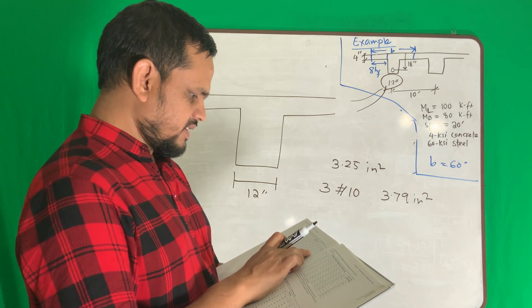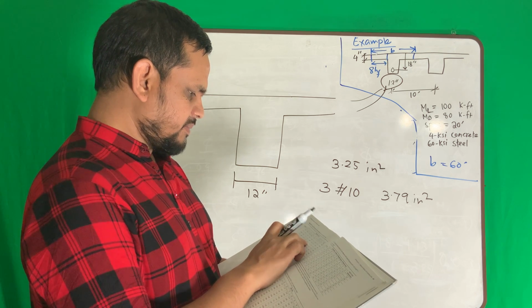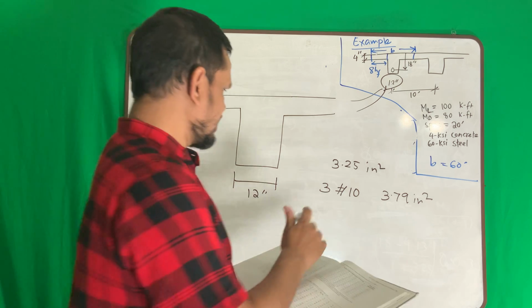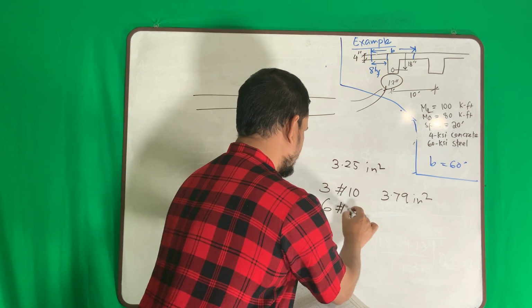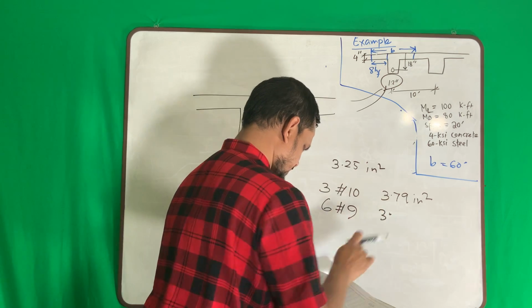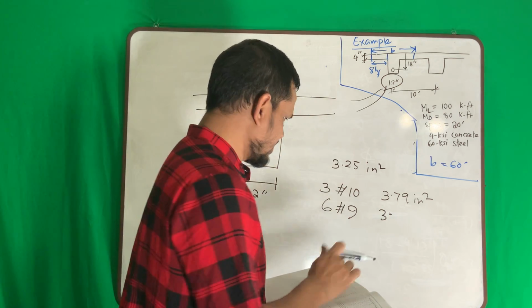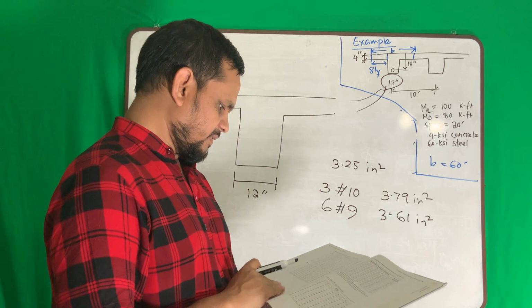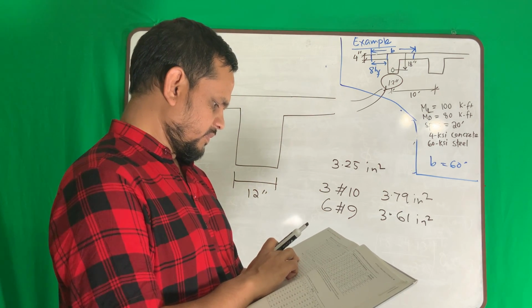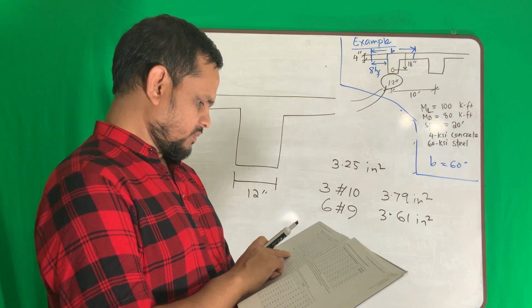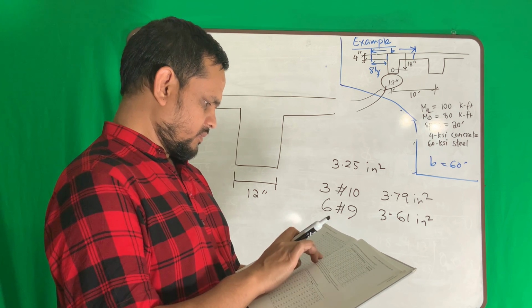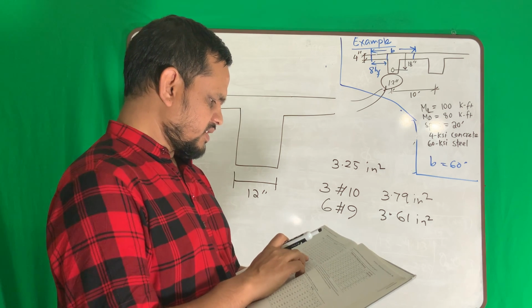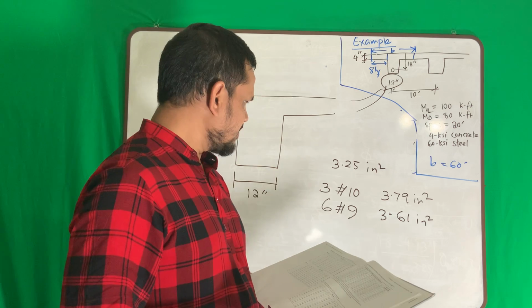If I can save some, 6 number 7 is 3.61 inch square. Any better size? Yes, I do not find any better size.